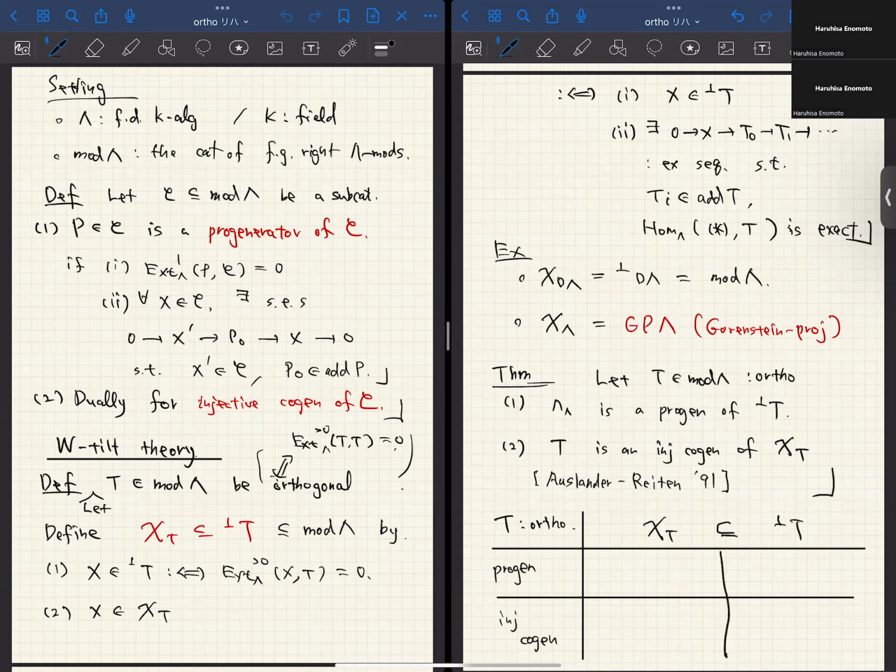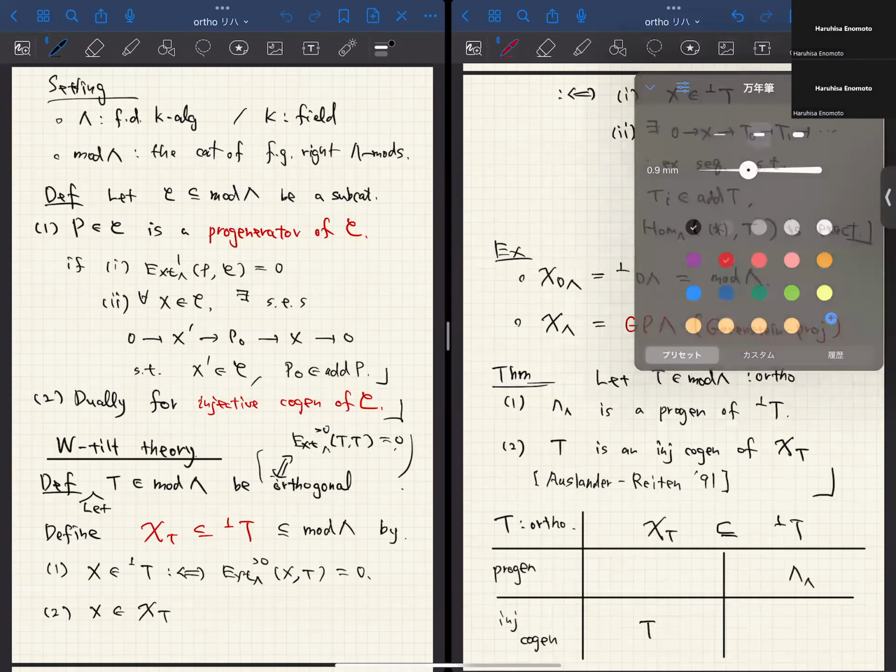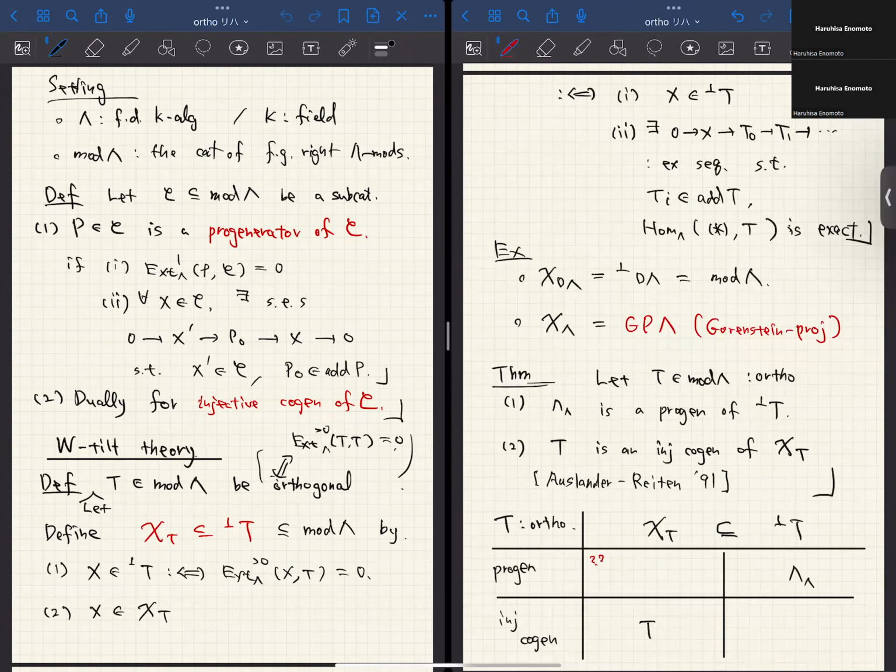And the above theorem says that this is always lambda and this is always T. So there are two missing parts here and here. So in general, lambda may not belong to X_T. So we expect that this is lambda and this is T, but this is not necessarily true. There are some counterexamples. And the motivation is to fill this table.